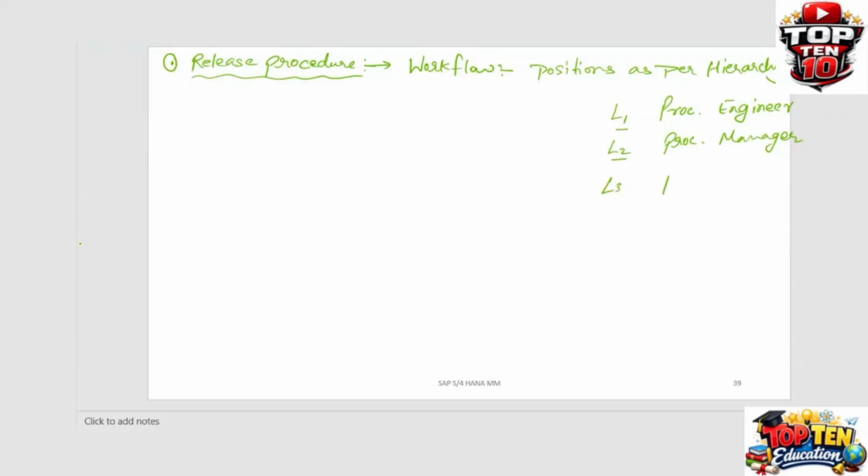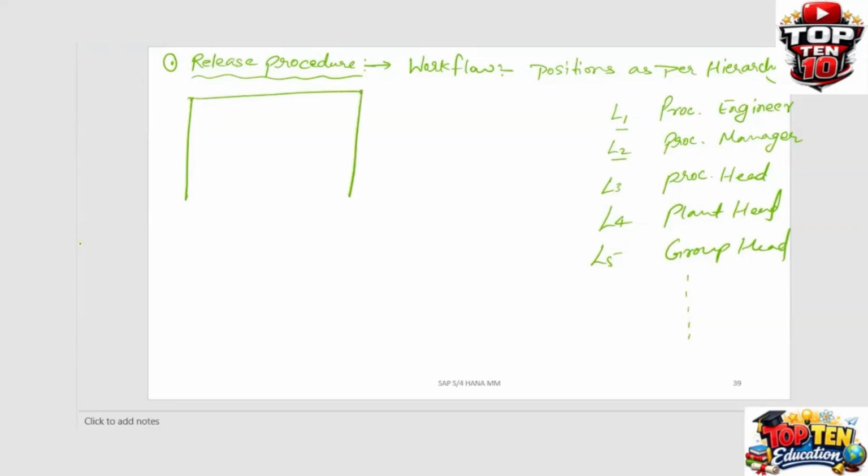There is level 3 procurement head, level 4 plant head, level 5 group head. This is how there are a number of positions. So I'm making my problem very simple. I'm not talking about the whole organization, but here, what is happening in this procurement department?